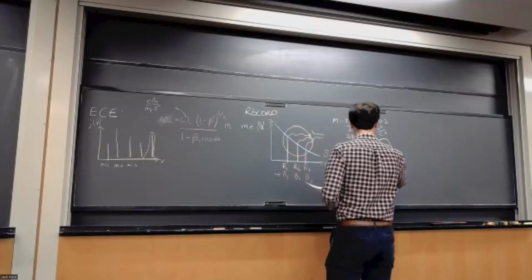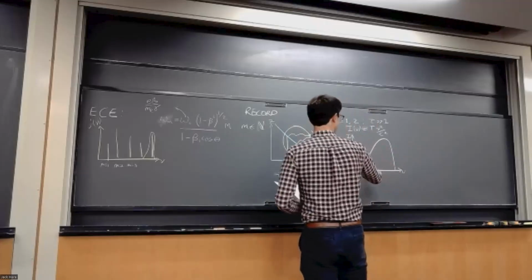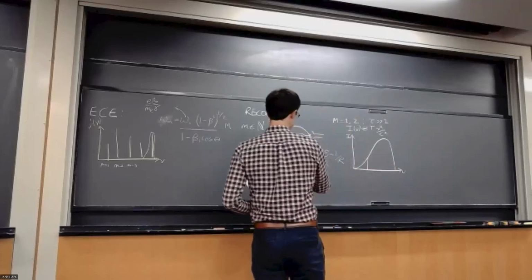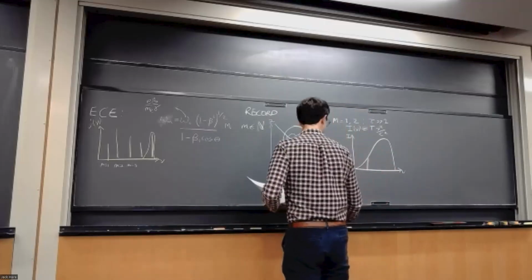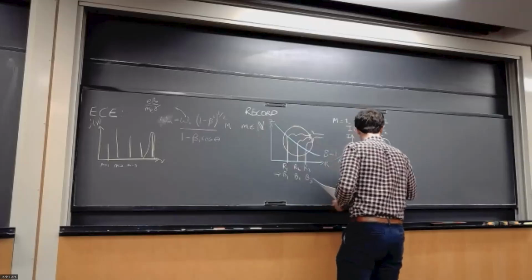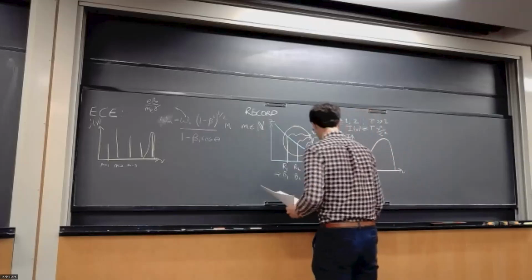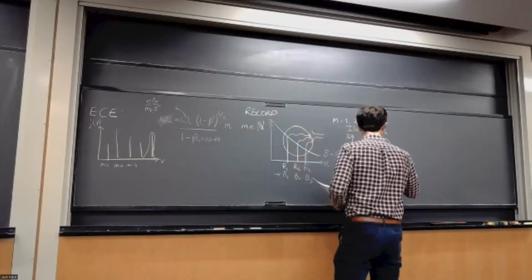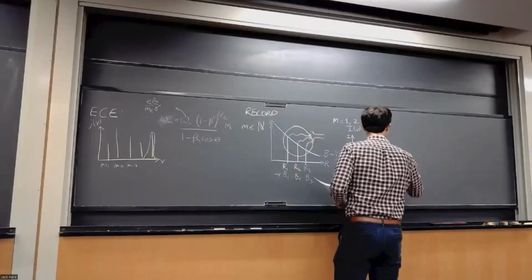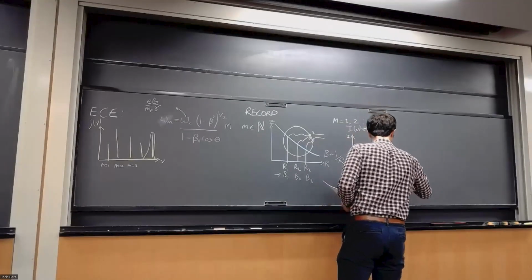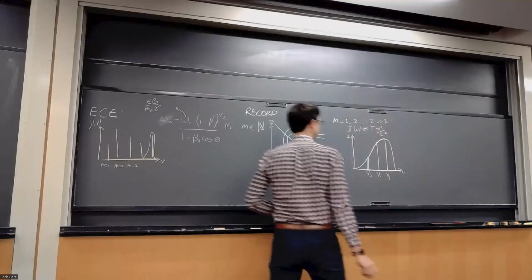So for example, we might have a region down here corresponding to lowish frequencies at low magnetic field. So I got this the wrong way around. R3 is the lowest magnetic field. We might have another region where the frequencies correspond to the center of the plasma, and a higher frequency part of our spectrum which corresponds to the high field part of the plasma.